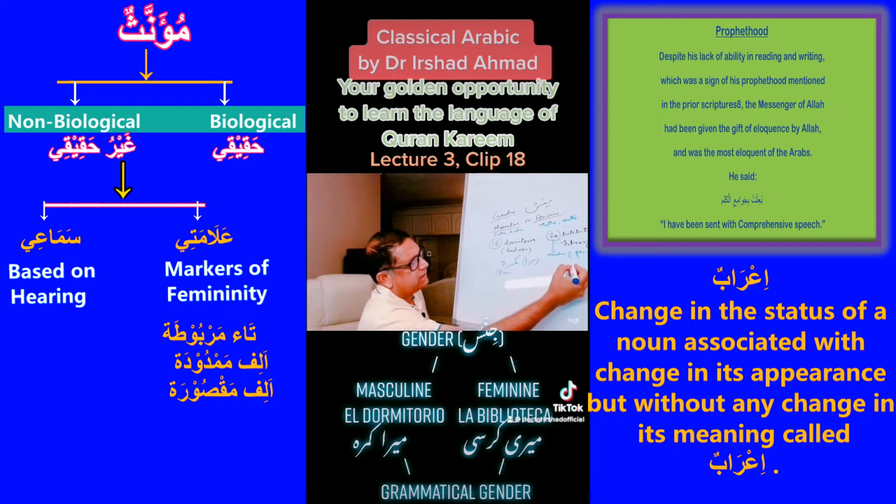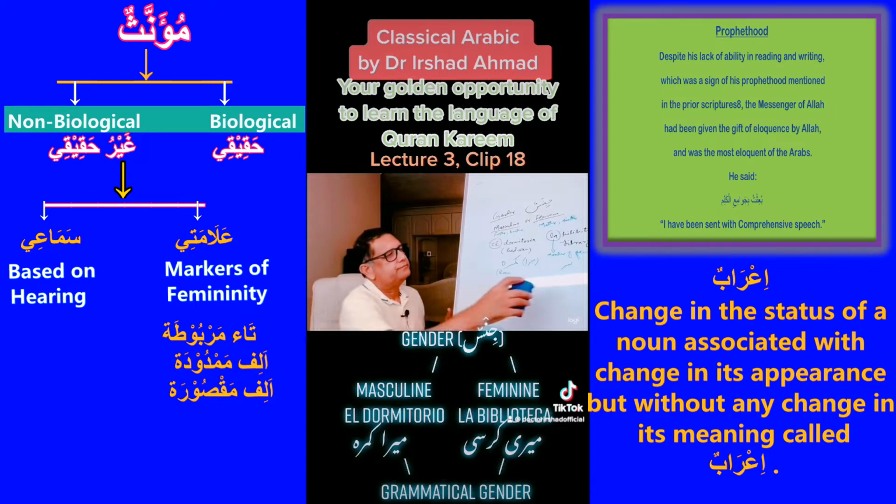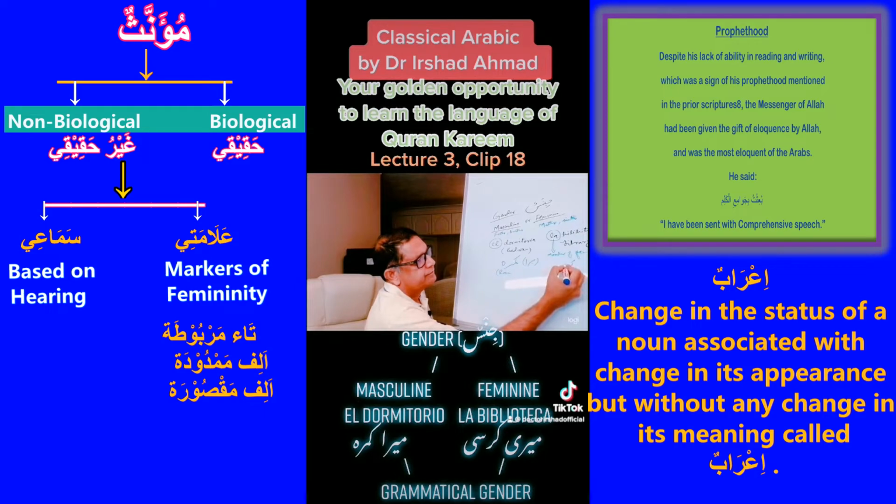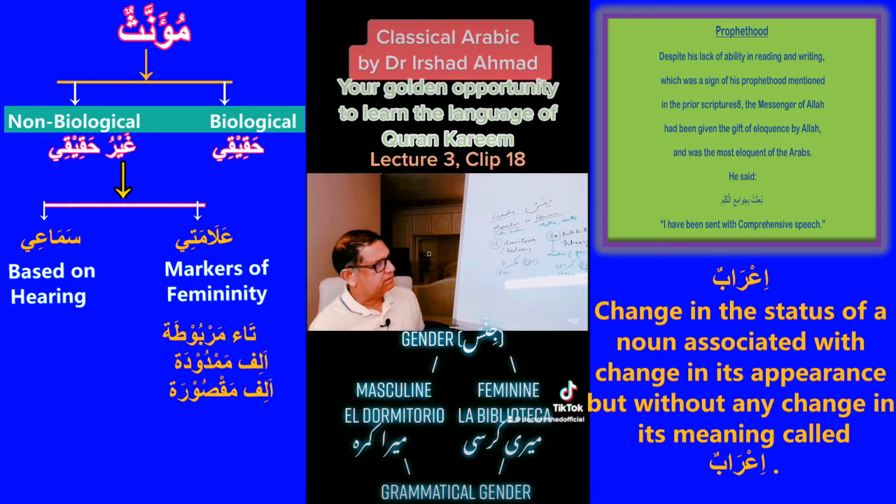And if we say kursi, which is chair, we will say meri kursi. So the change is occurring here to indicate gender. Here mera and meri. So this is a marker of femininity, and here that will be marker of masculinity.